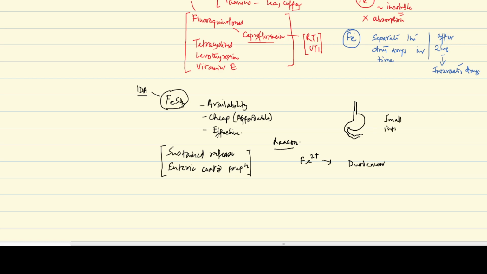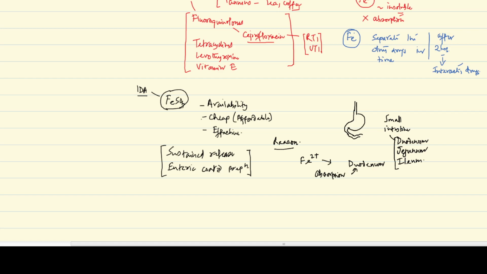So the different parts of the small intestine are duodenum, jejunum, and ileum. Iron absorption predominantly happens in the duodenum.